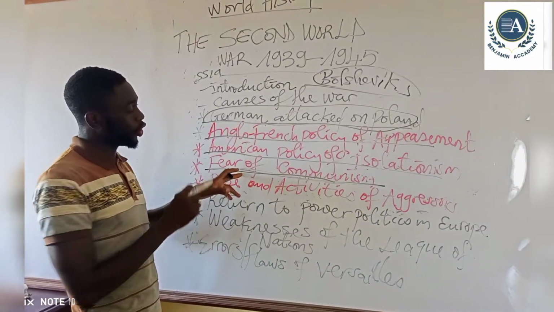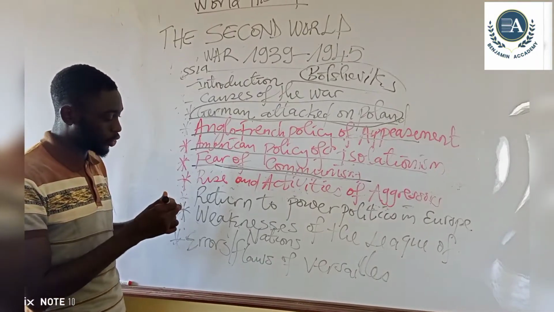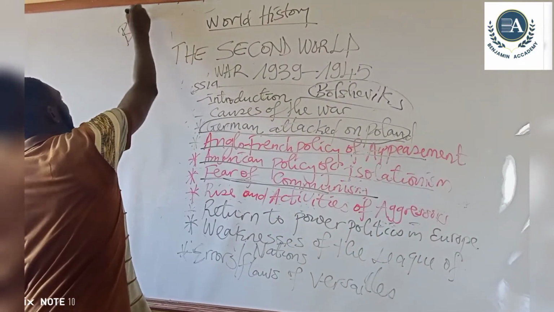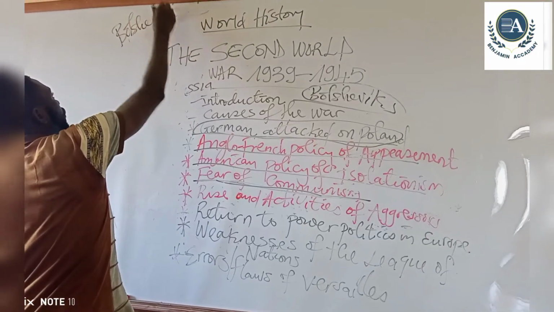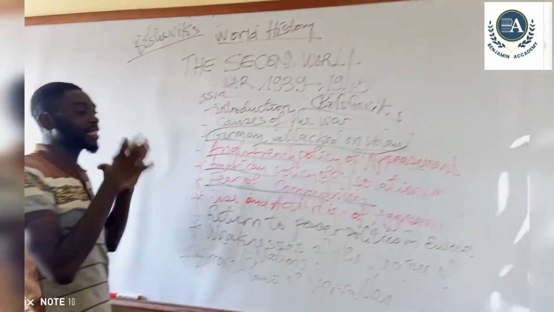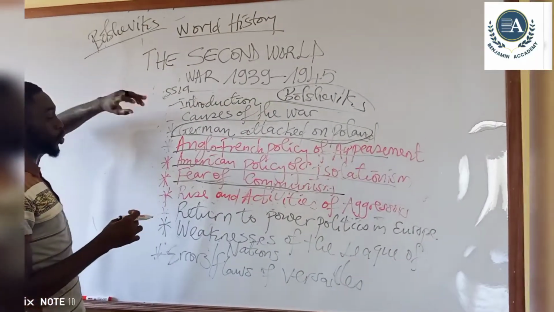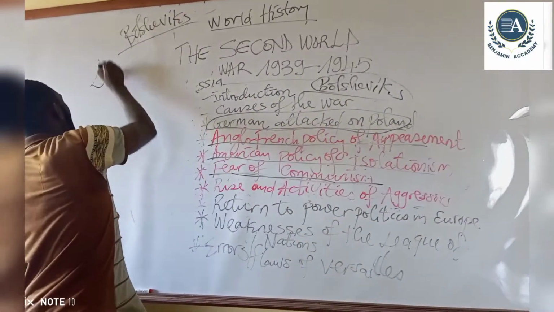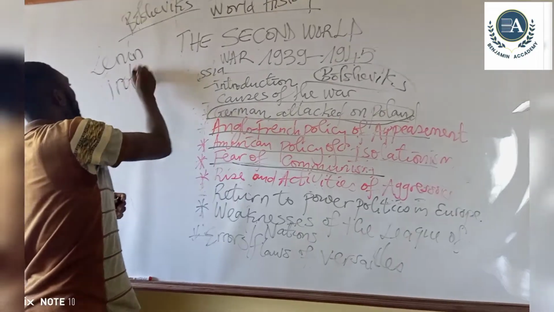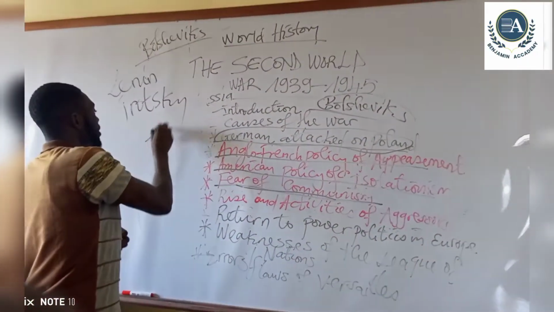As we were discussing, communism was an ideology introduced in Russia by the Bolsheviks. When we talk about Bolsheviks, we are talking about people who overthrew the capitalist regime of Tsar Nicholas II and introduced communism, and we have Lenin and Leon Trotsky. Those were the people that introduced communism in Russia in 1917.